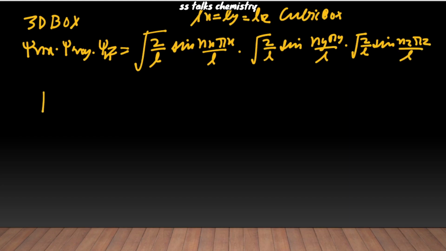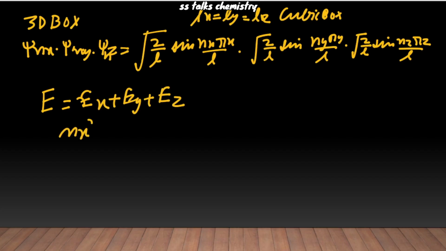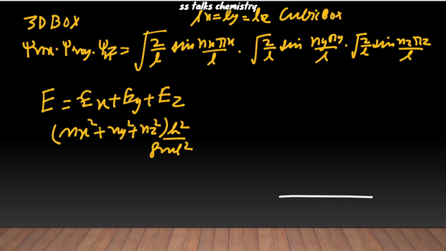The energy value that you observe in this is the sum of the energy along the x direction plus the y direction plus along the z direction. That is nx square plus ny square plus nz square into h square upon 8 ml square of it. Again nx, ny and nz start from 1. So the lowest level of the energy is going to be 1 1 1.